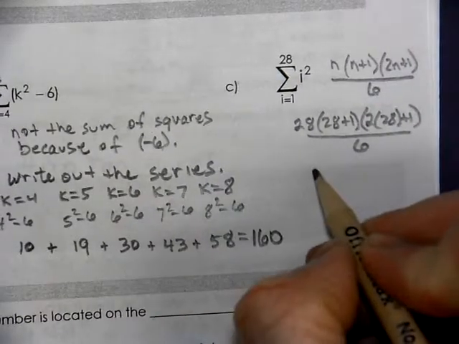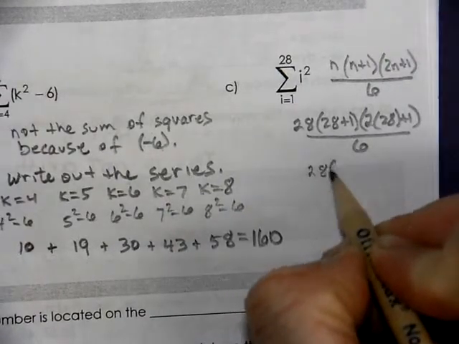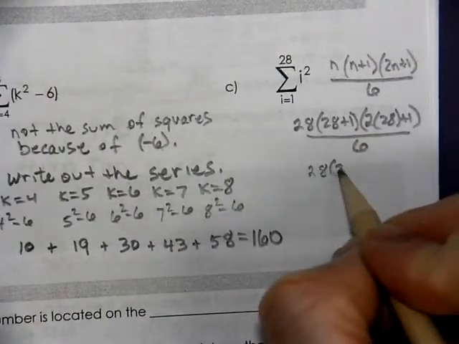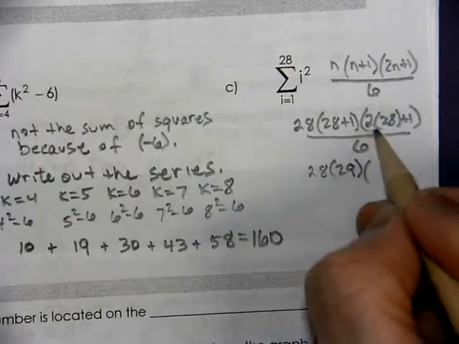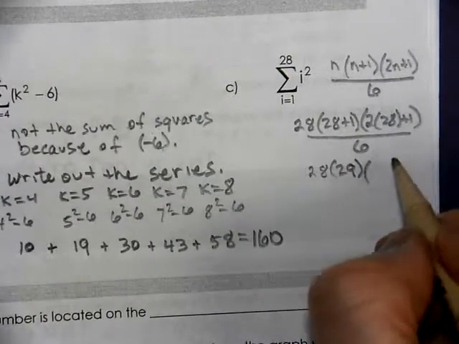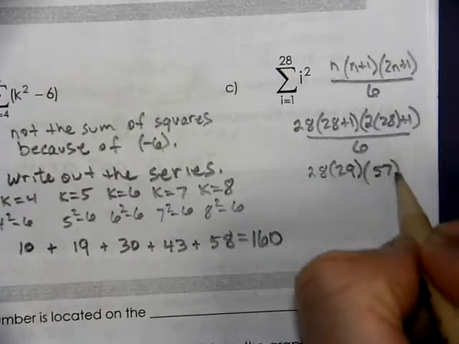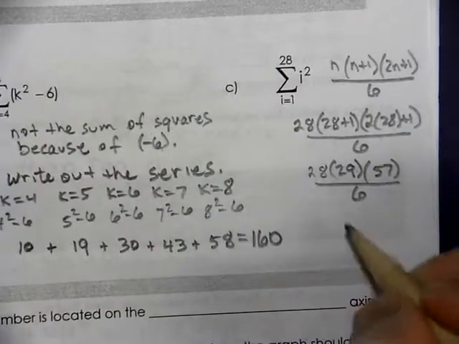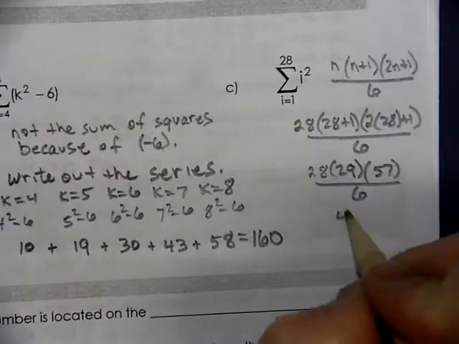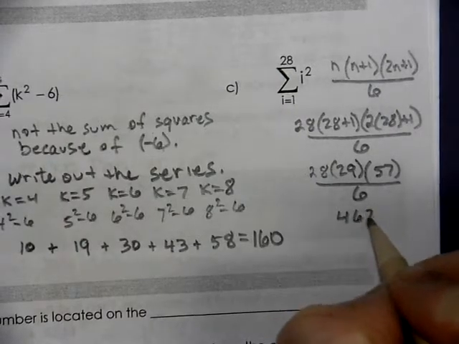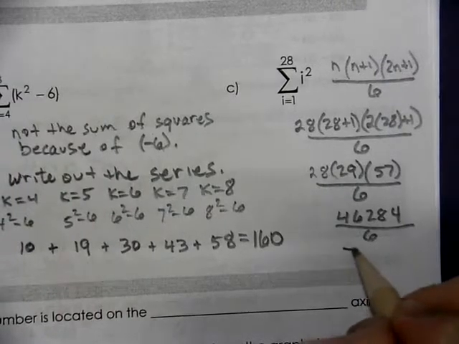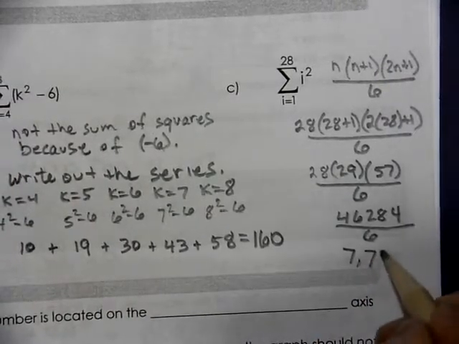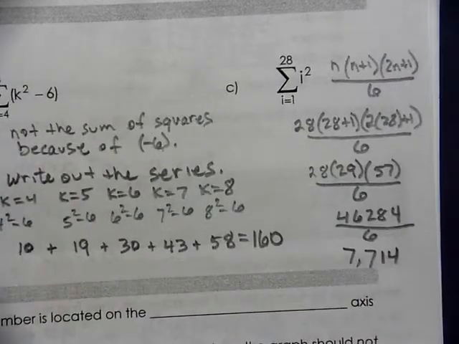So we're going to take our 28 times 29, which is 28 plus 1. 2 times 28 plus 1 is 57, and divide that by 6. We get 46,284 divided by 6, which comes out to 7,714.